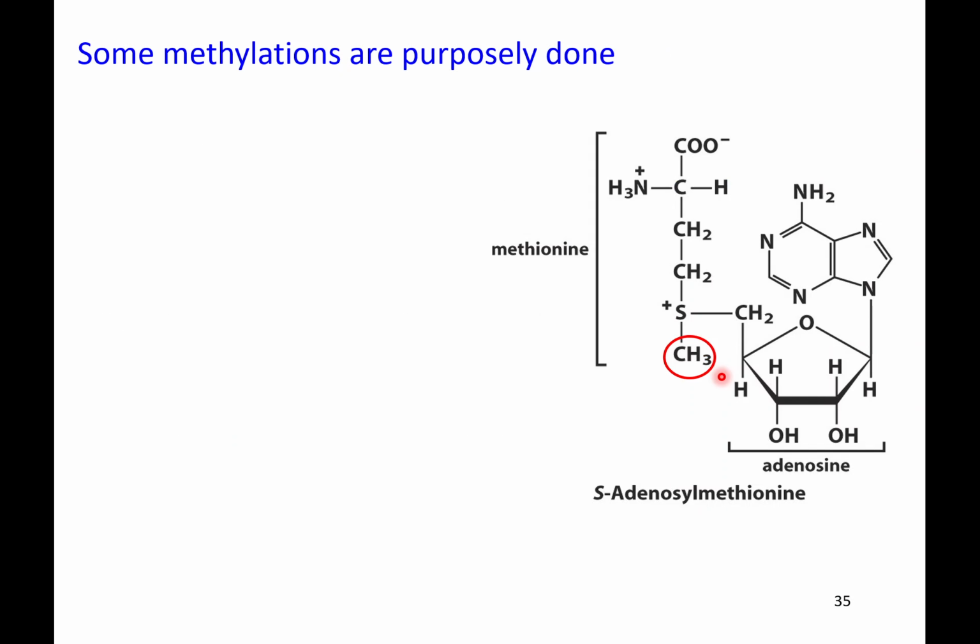Okay. Some methylations are purposely done, and one of those here is what's known as SAM or S-adenosyl methionine. Okay, and that's where you have an adenosine group or nucleotide that has methionine attached to it.